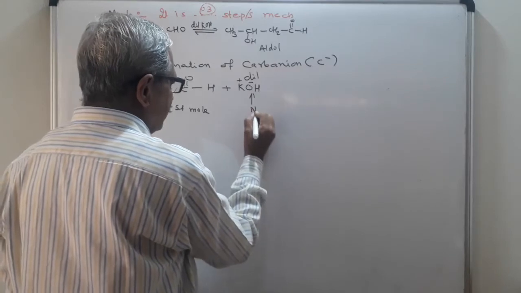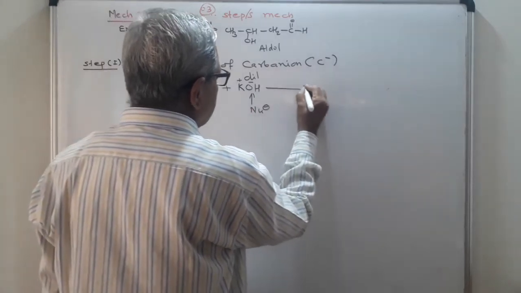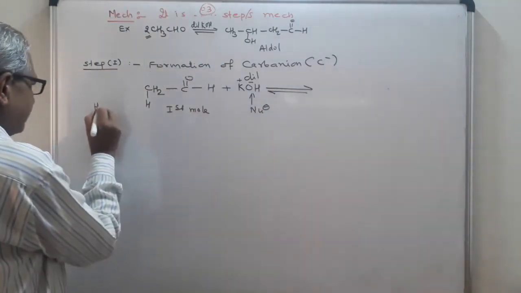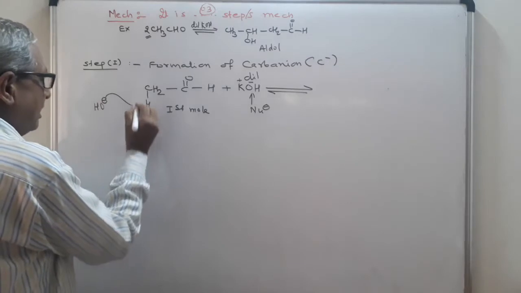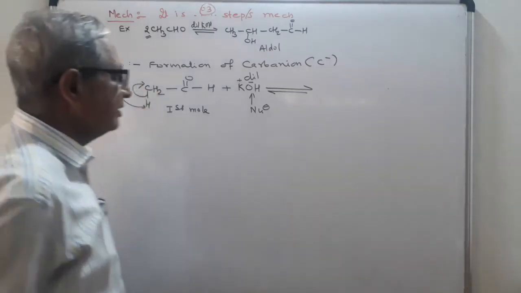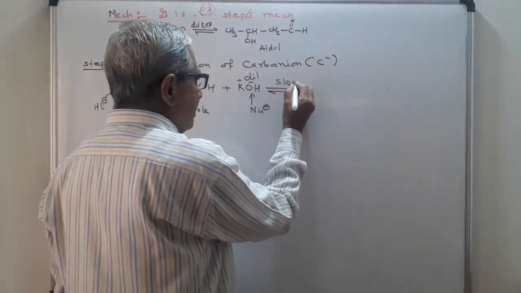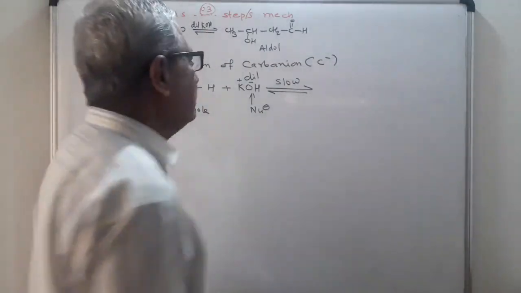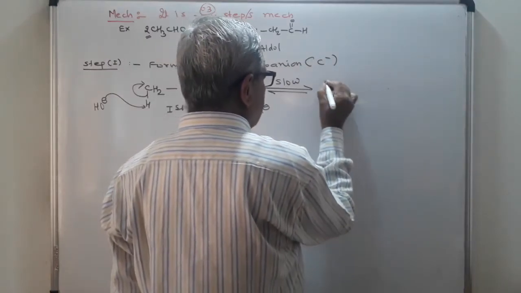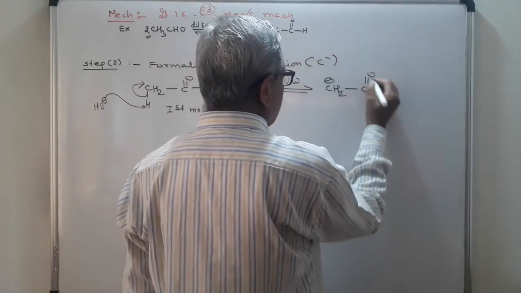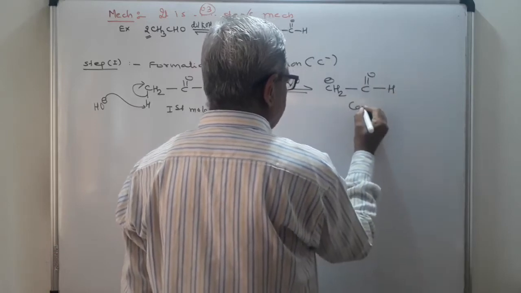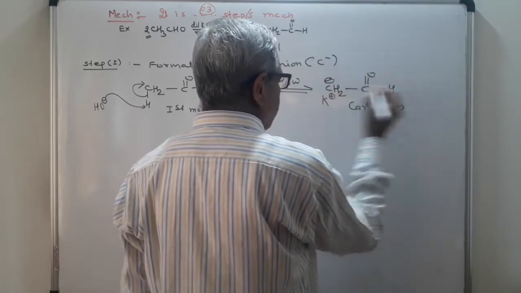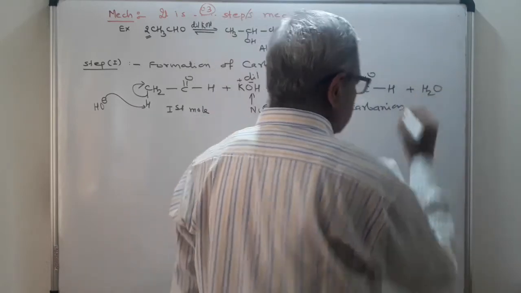This OH minus will act as a nucleophile. Reversible reaction. This OH minus will attract this alpha hydrogen and you will get a carbanion. This step is a slow step and any slow step is known as RDS, rate determining step. So you will get the carbanion like this, CH2 minus CHO. This negative charge is balanced by K plus, and another byproduct is H2O.